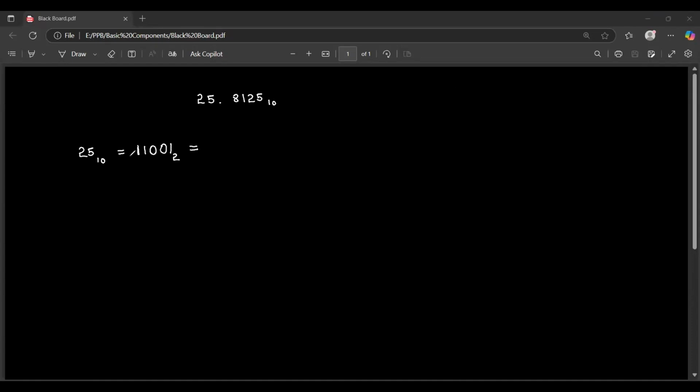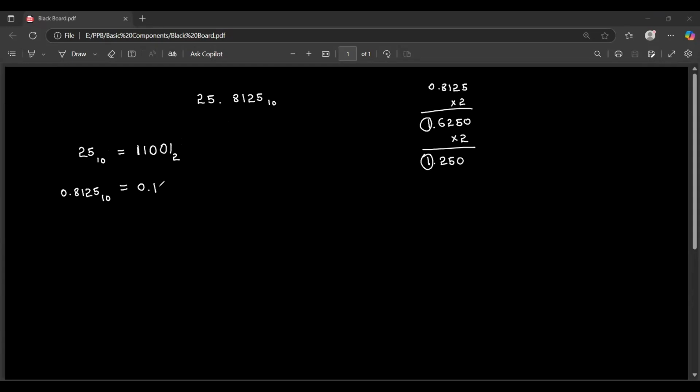And then we have to find the equivalent for 0.8125 to the base 10 in base 2. How can we find that? Well, we are going to multiply it by 2. So into 2 will give me 1.6250. So here we have 1, so it will be 0.1. And then if I multiply it by 2 again, it will be 1.250.